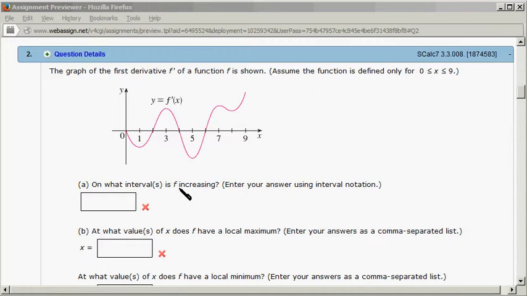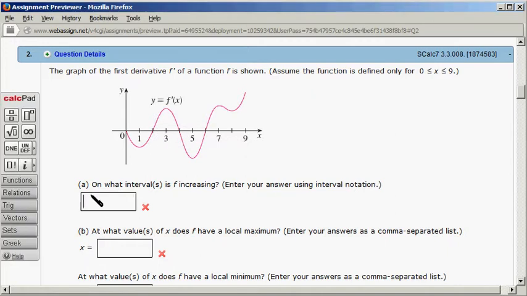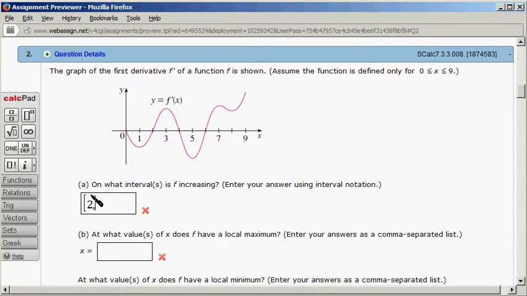In order for the function to be increasing, the derivative has to be positive. You can see that here it's above the x-axis, so it's between 2 and 4.